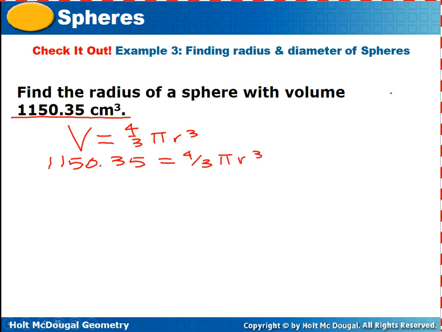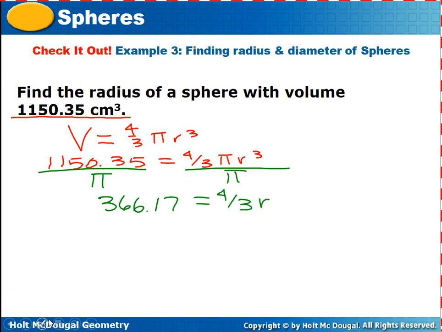This time I'm actually going to divide by pi. So I'm going to divide that by pi, and I'm going to divide this by pi. So when I divide it by pi, I get 366.17 equals 4/3 r cubed, because my pi's gone from there.